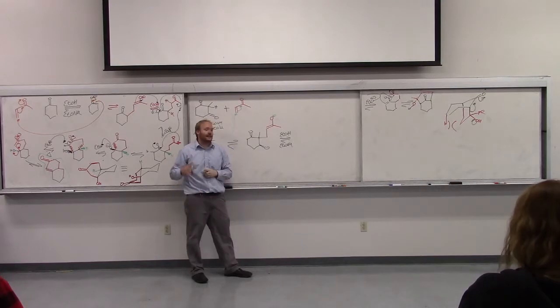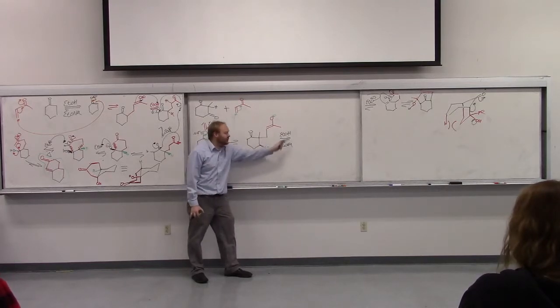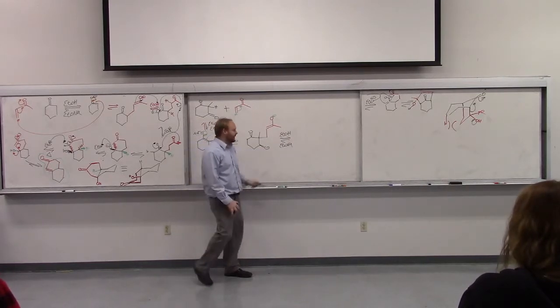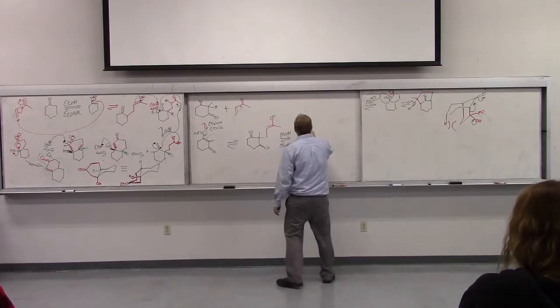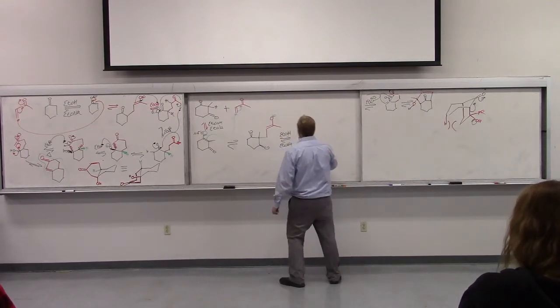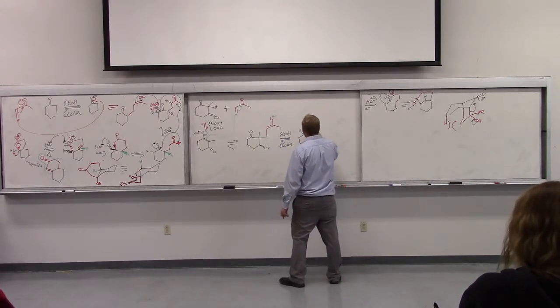So we can have a trans-enolization via protonation and then deprotonation to form the other enolate. You could argue that under thermodynamic conditions, both this enolate and the other enolate are going to be in equilibrium.